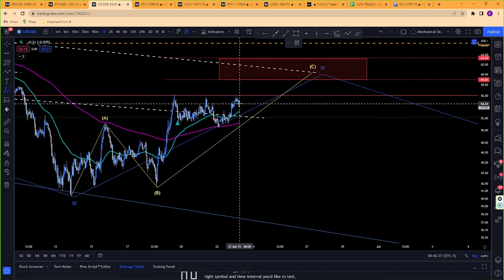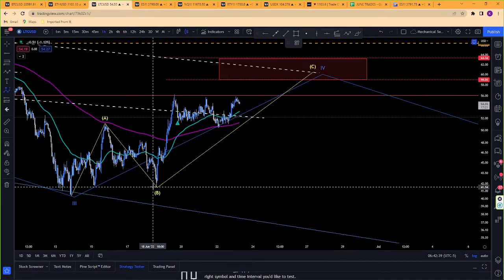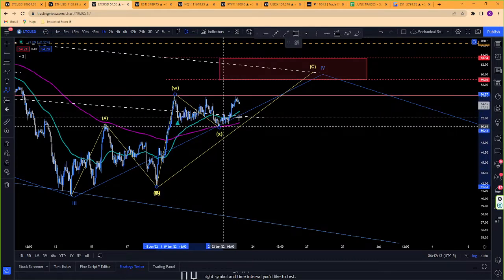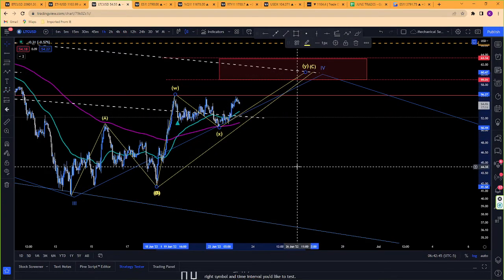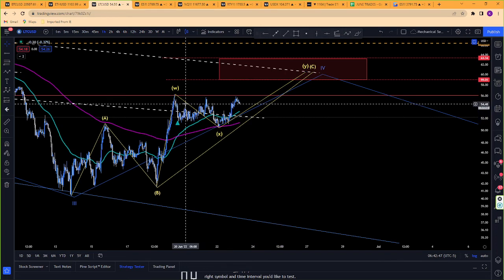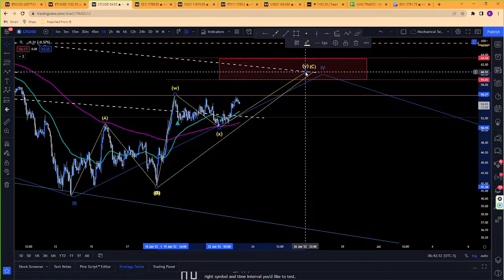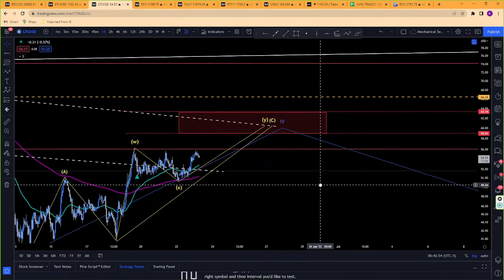I'll be honest with you, I couldn't figure this one out. And this is what he told me is happening, which is very strange: that we're getting a WXY for the C leg of this coin.